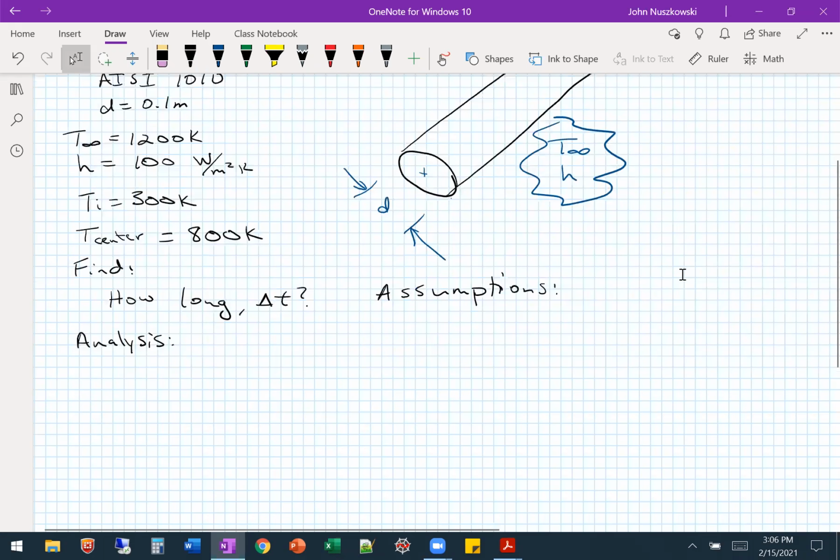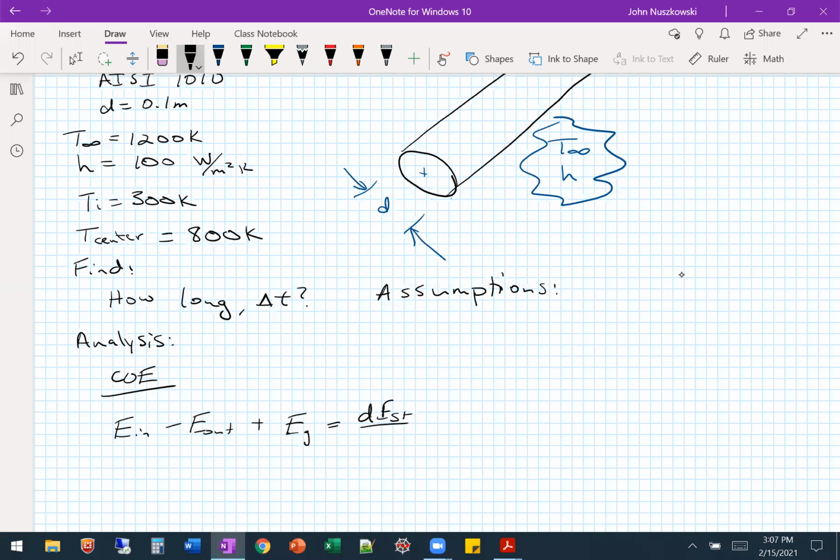So if we looked at the COE, what energy do we have, forms of going in or out?